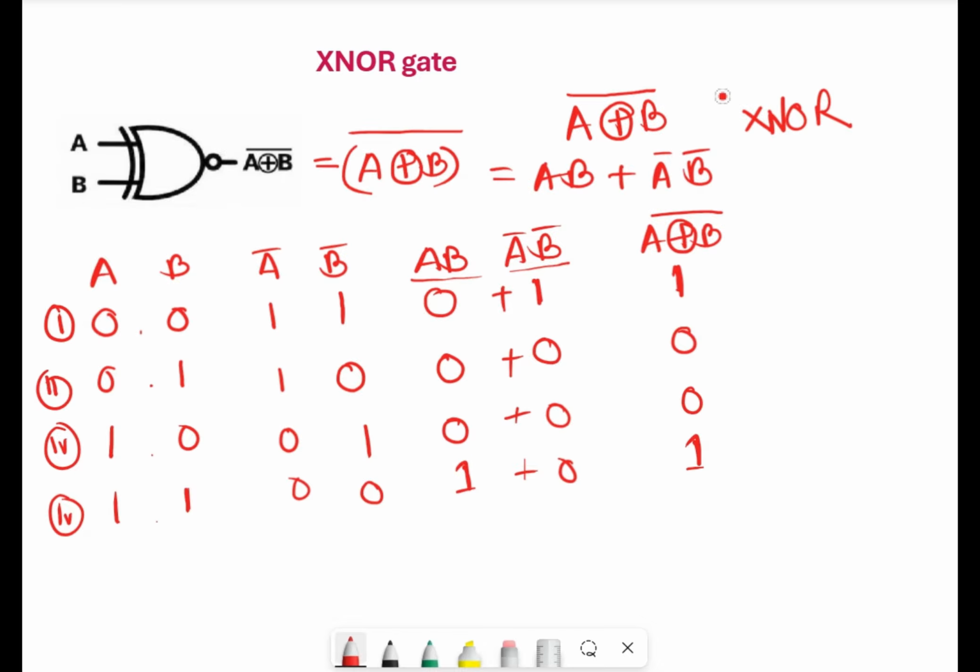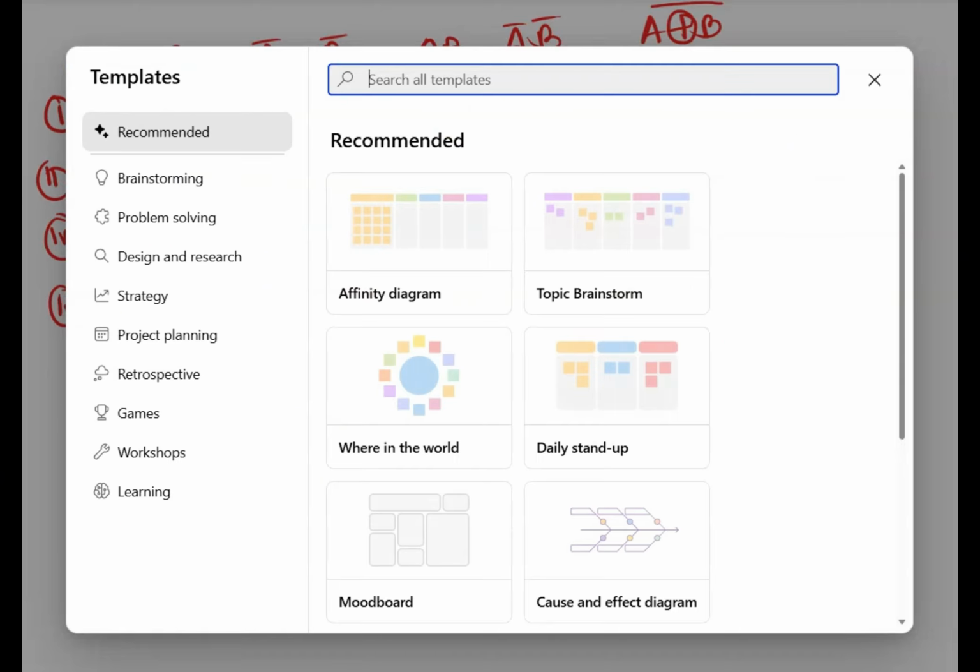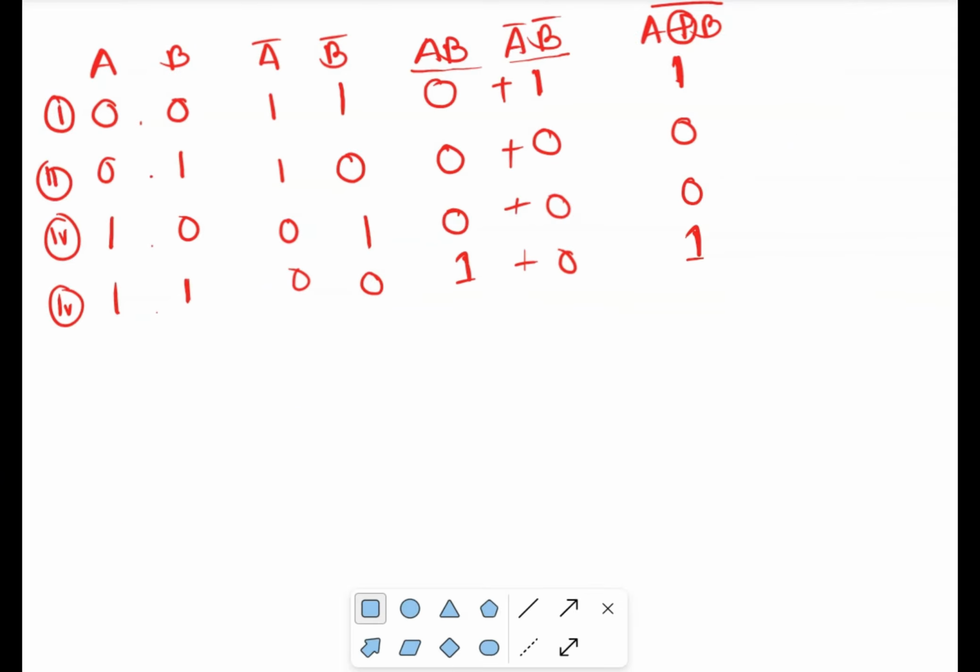Now it's time to draw the equivalent circuit of the XNOR gate. So there will be two lines, line A and another B, and of course, as we have A bar and B bar, indeed we have to have a NOT gate as well.